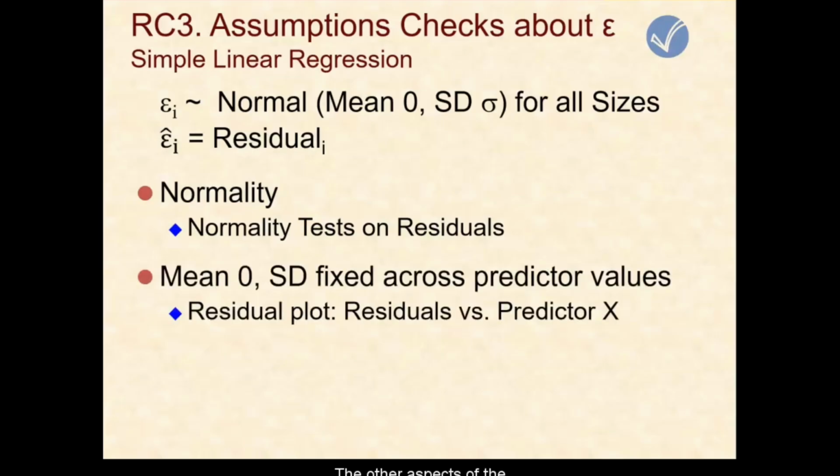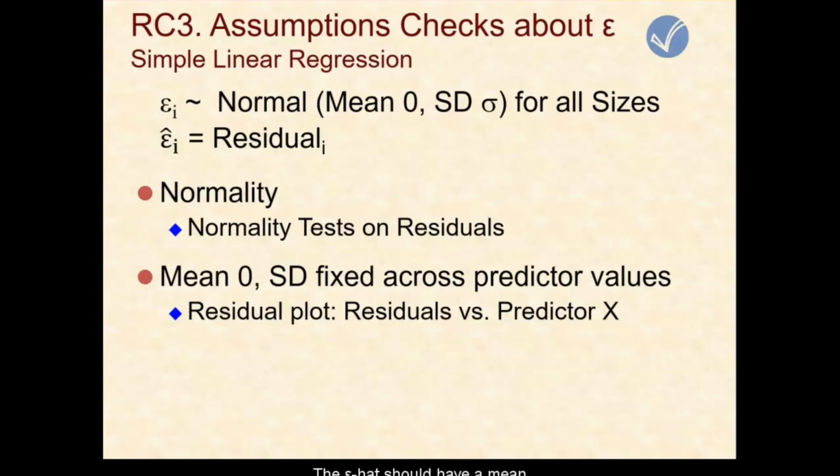The other aspects of the assumptions are that the distribution of the epsilon has a mean of 0 and a standard deviation sigma that is the same across all of our possible predictor values. We check these parts of our assumptions using a residual plot. For the simple linear regression, a residual plot is a scatter plot that displays the residuals, epsilon hat, against the predictor values x.